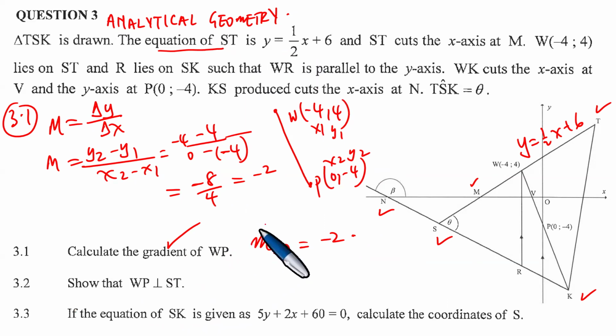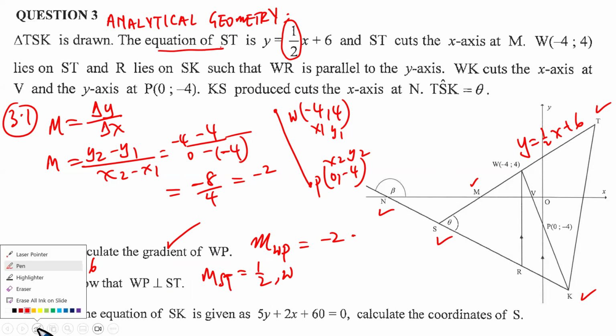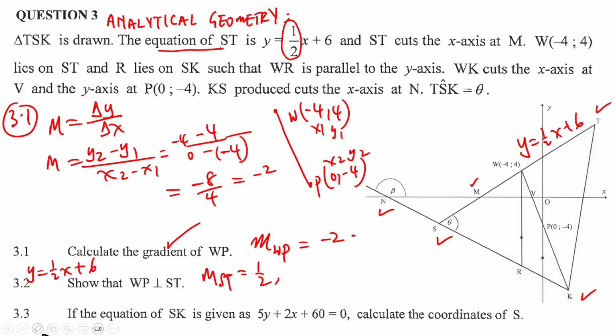If you look at this very carefully, the equation of ST is y equals 1/2 x plus 6, it means that the gradient of ST is 1/2. The gradient of WP is -2, like this.